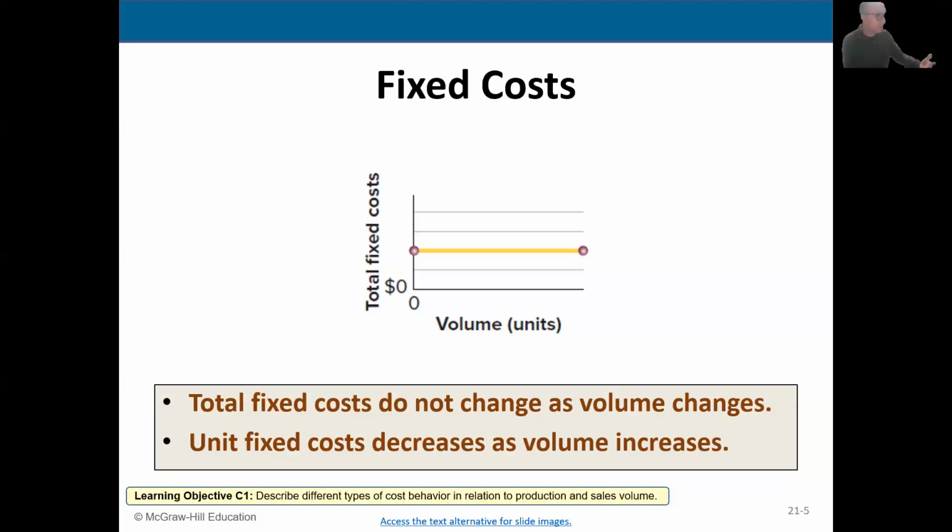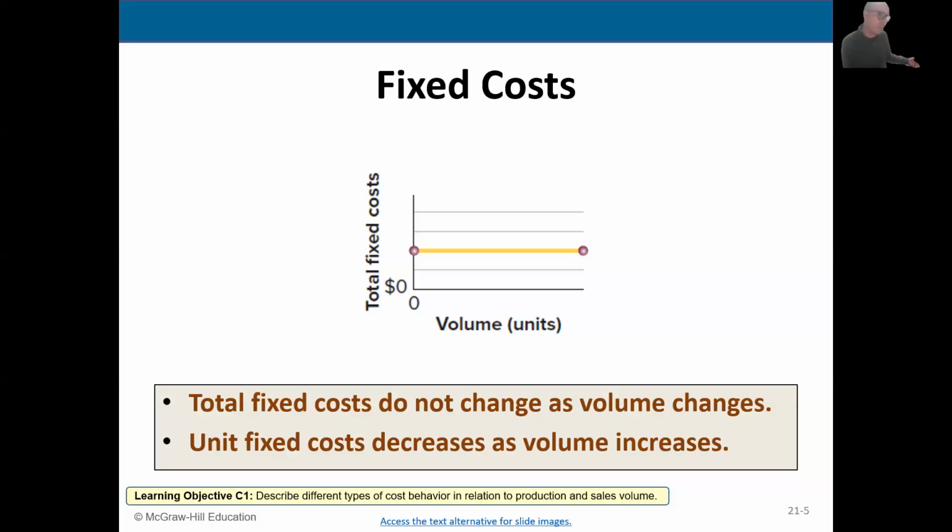An example of this, $32,000 paid in monthly rent for a factory. It doesn't matter if the factory's running 24 hours a day or 8 hours a day. Doesn't matter. The rent's the same. It doesn't matter if the building is full or empty.